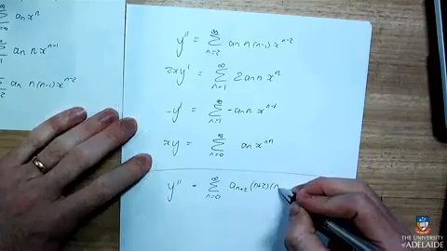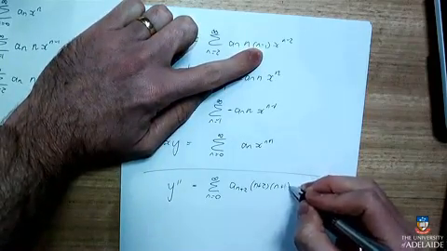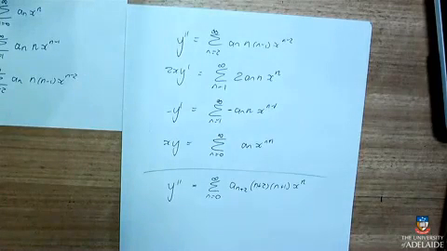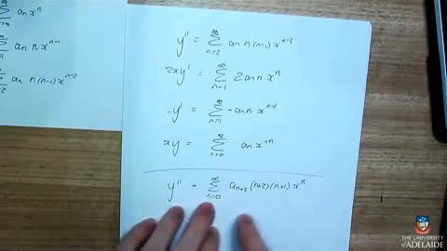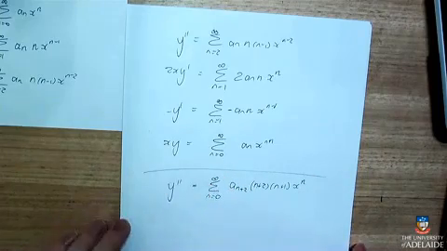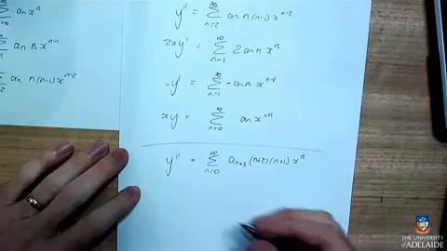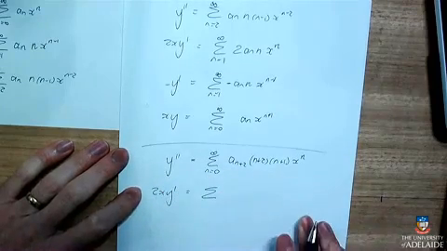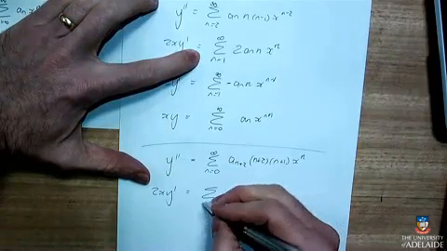So n minus 1 plus 2 is n plus 1, like that. That one shifted over by 2. So all the n's in this part went up by 2, and these ones went down by 2. Of course, infinity minus 2 is still infinity. This one's already an n, that's fine.